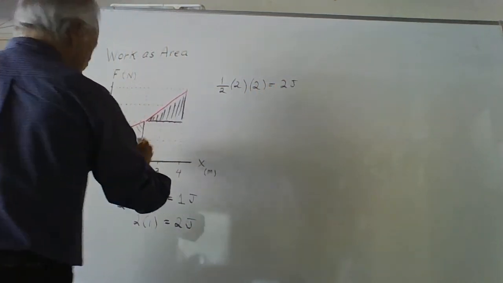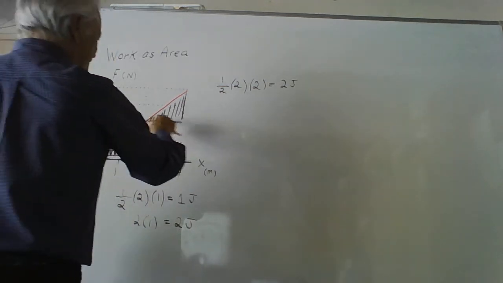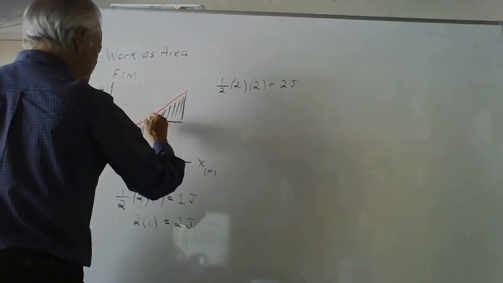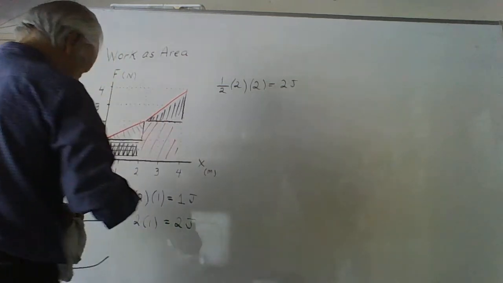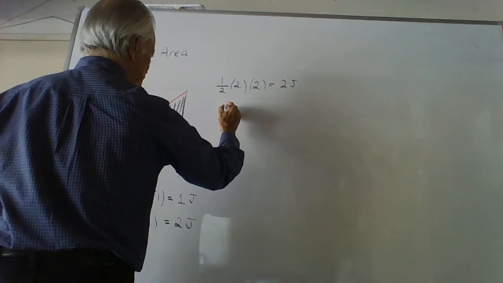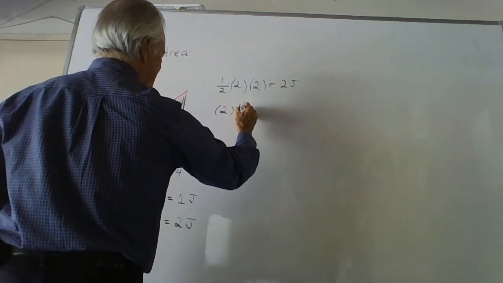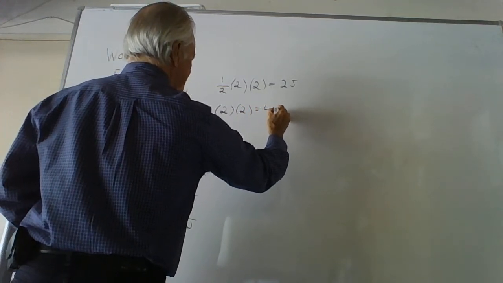And finally, you've got the area of that rectangle, whose width is 2 and height is 2. It's this area there. And that works out to a rectangular width of 2 times the height of 2 for a total of 4 joules.